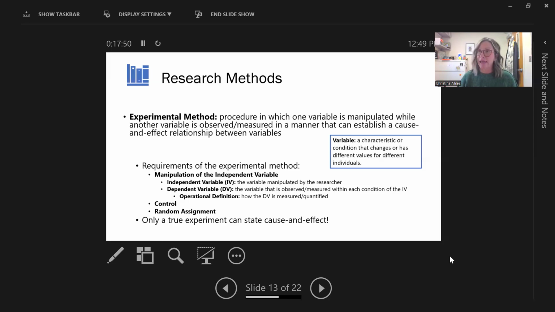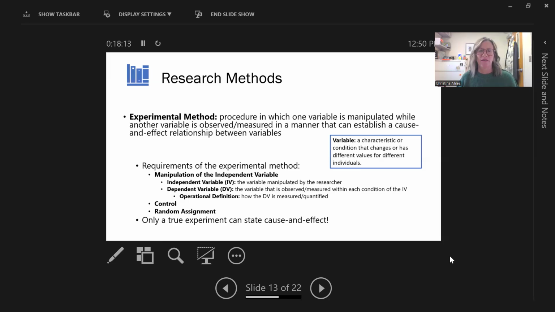So the researcher can randomly assign people and has control over the independent variable and the manipulation of that. The only time we can state cause and effect is if all of these requirements are met, and systematically met. We cannot state cause and effect otherwise.